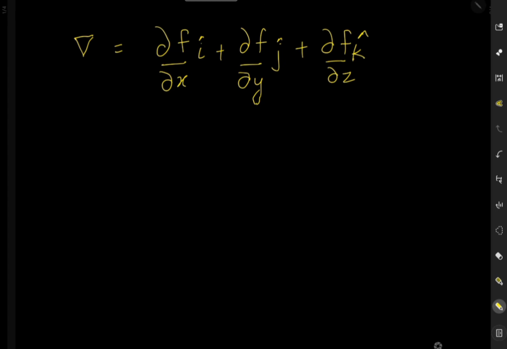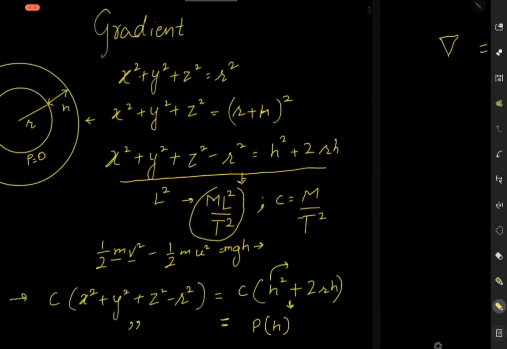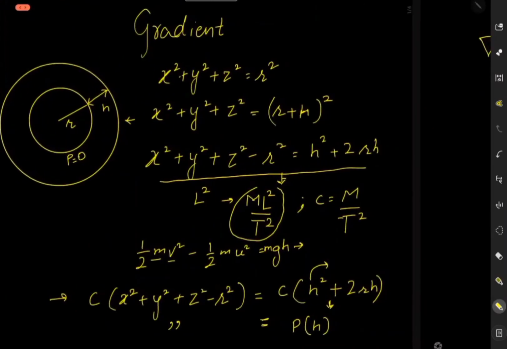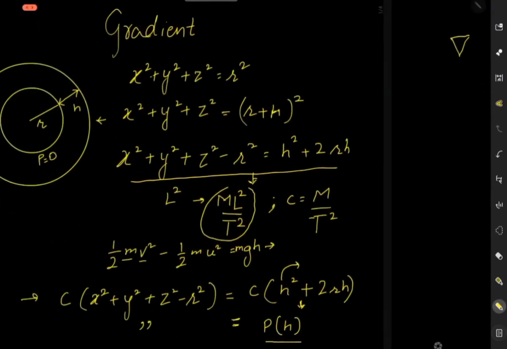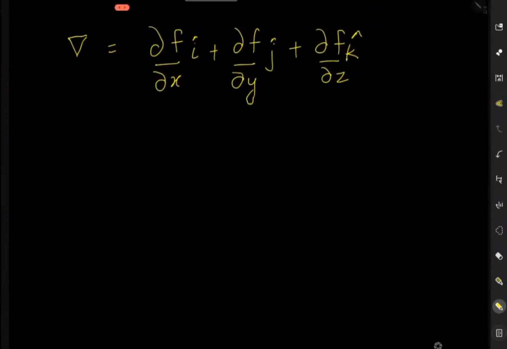Let's understand from our example. Since our function is gravitational potential, let's put our function here. F is P(h). What this definition of gradient is saying, let's understand with our example.